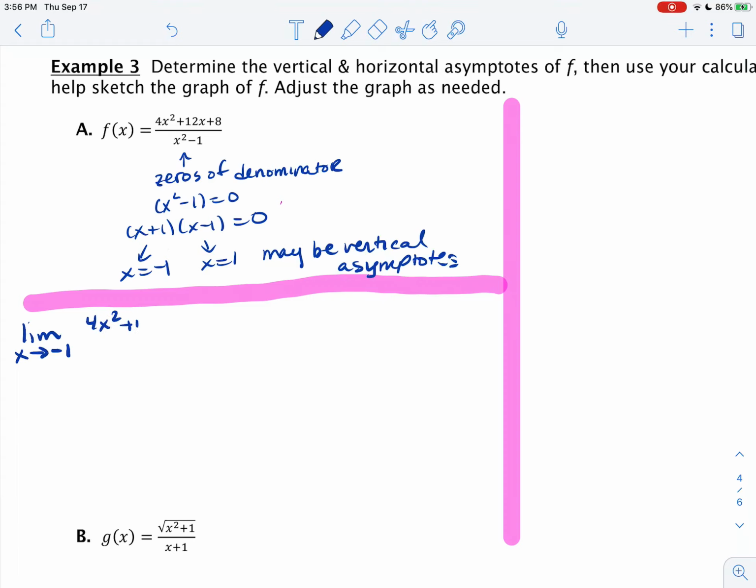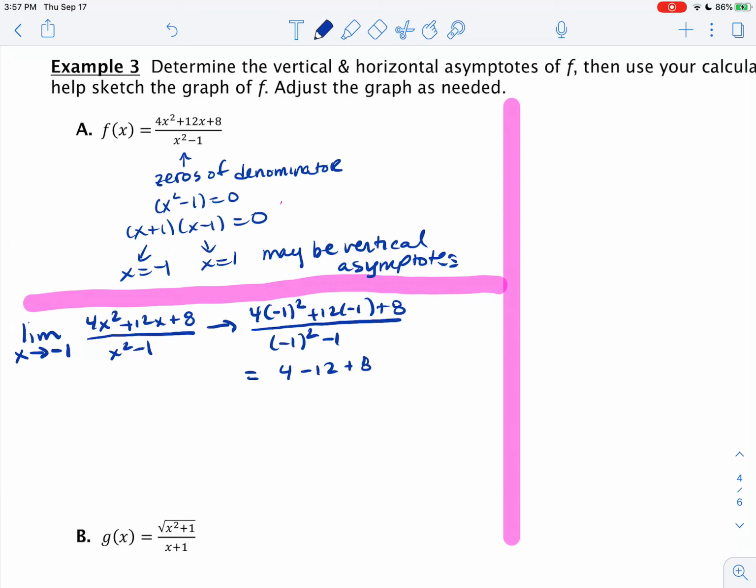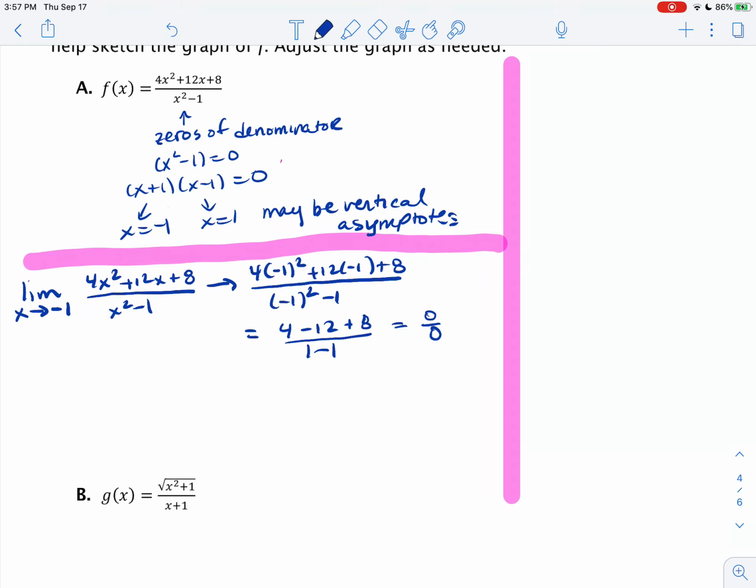So if I have the limit as x goes to minus 1 of 4x squared plus 12x plus 8 over x squared minus 1, that's going to go to 4 times minus 1 squared plus 12 times minus 1 plus 8 over minus 1 squared minus 1. And what does that give me? That gives me 4 minus 12 plus 8 over 1 minus 1. Right? And that tells me that I'm going to get 0 over 0.